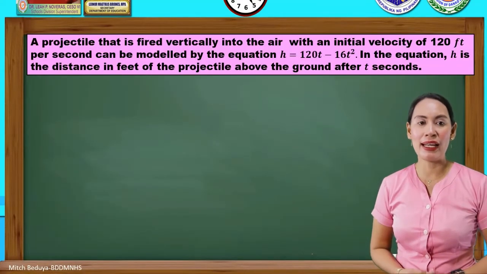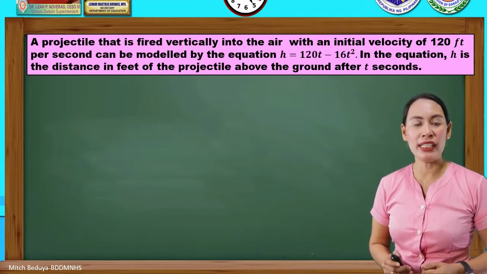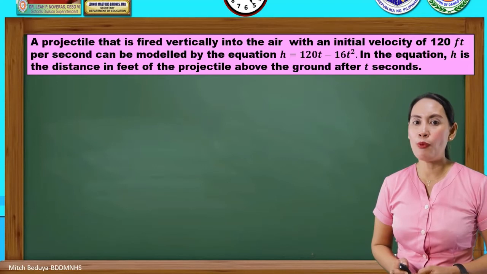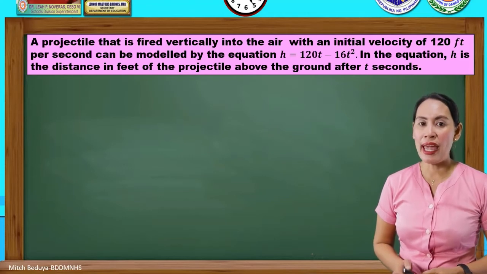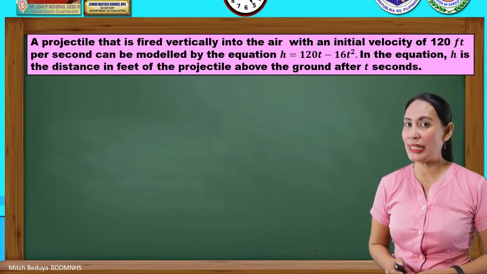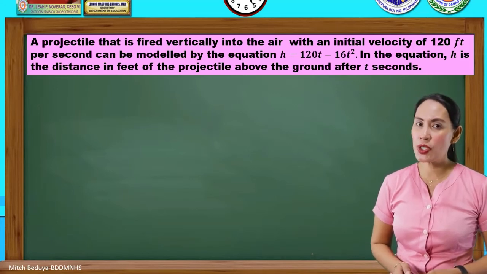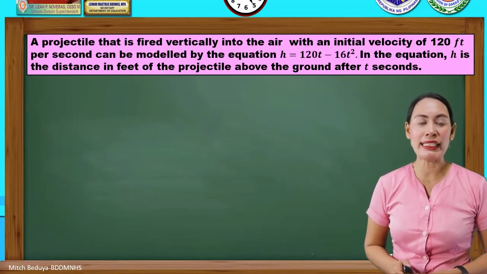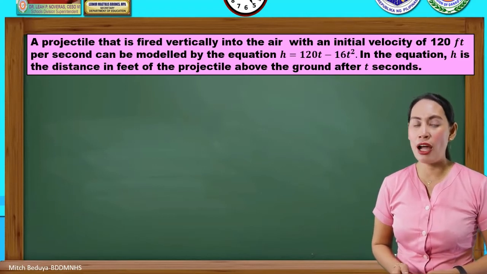A projectile that is fired vertically into the air with an initial velocity of 120 feet per second can be modeled by the equation h equals 120t minus 16t squared. In the equation, h is the distance in feet of the projectile above the ground after t seconds.